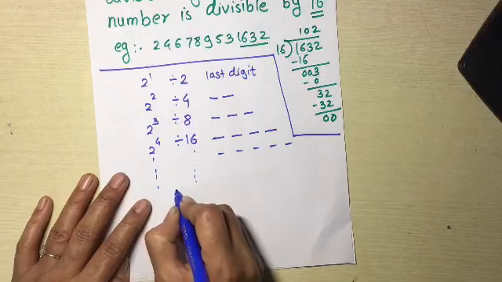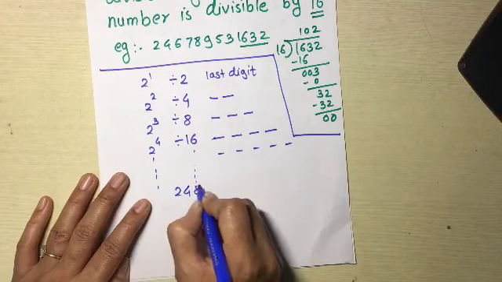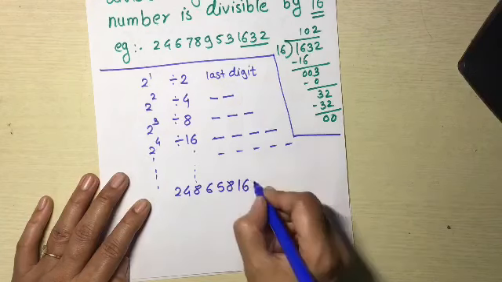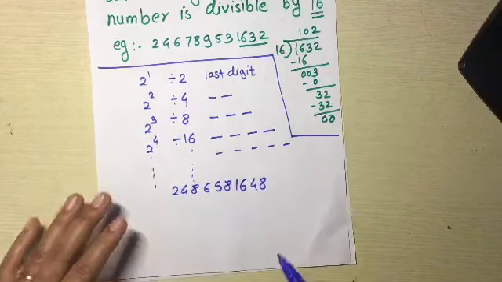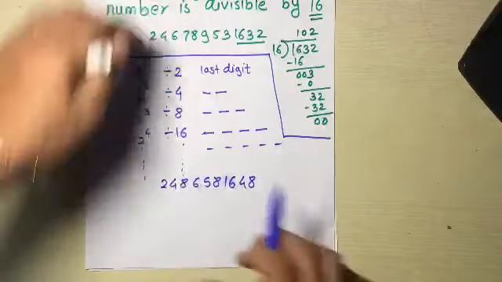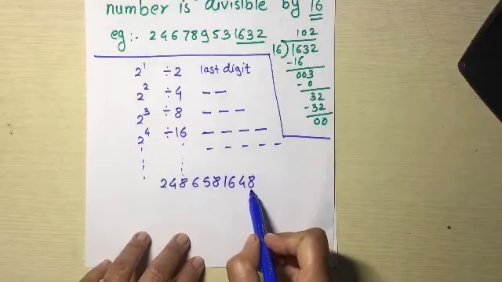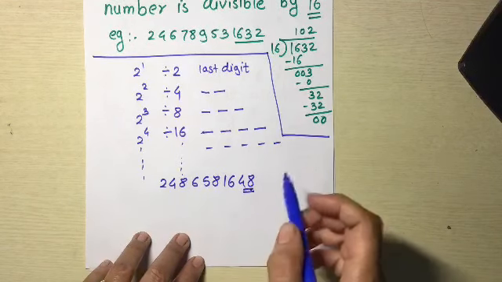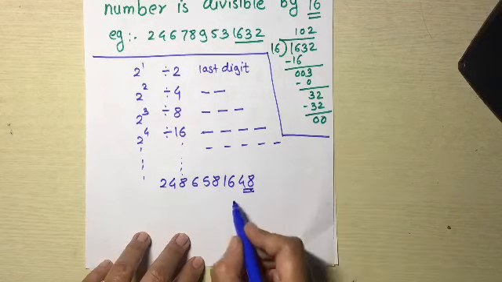If I take here one example, 2, 4, 8, 6, 5, 8, 1, 6, 4, 8, like that. So immediately you can check here also. Last digit 8, it is divisible by 2. Last 2 digits 48, it is divisible by 4. Okay.